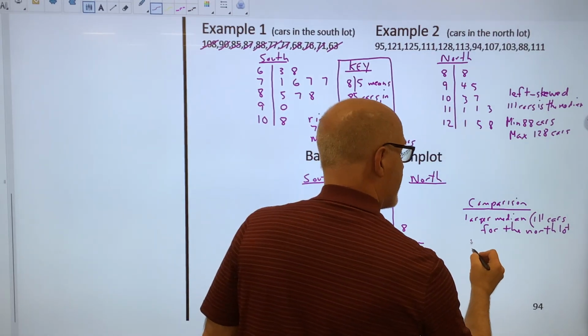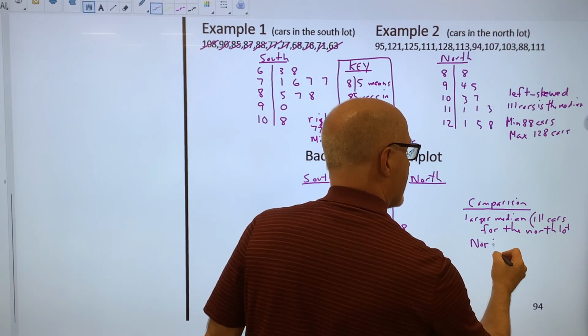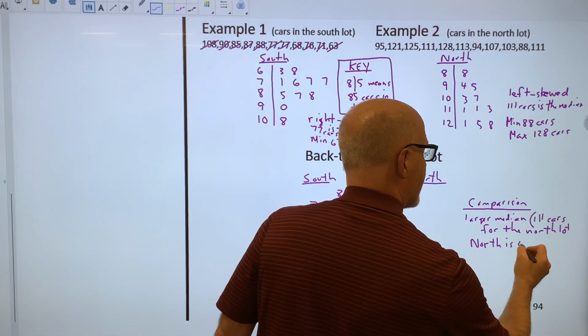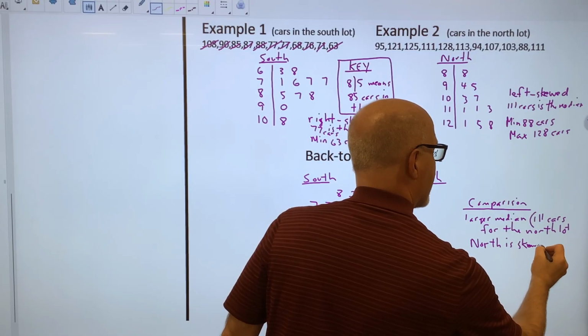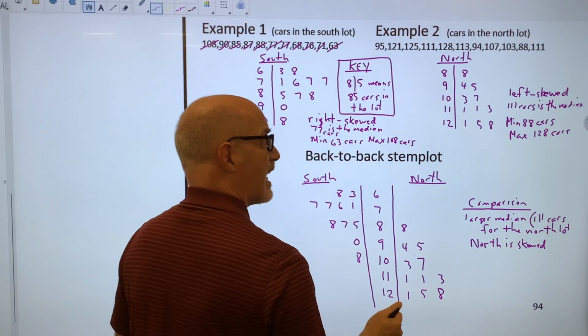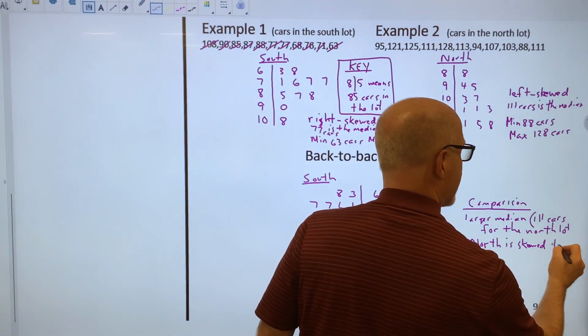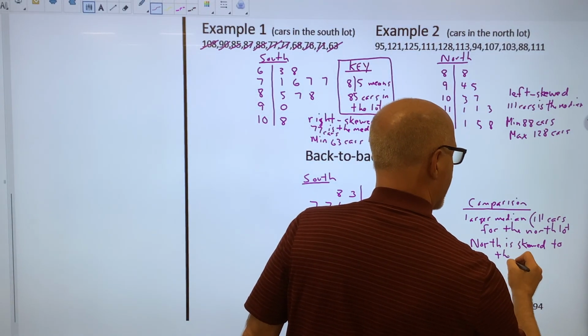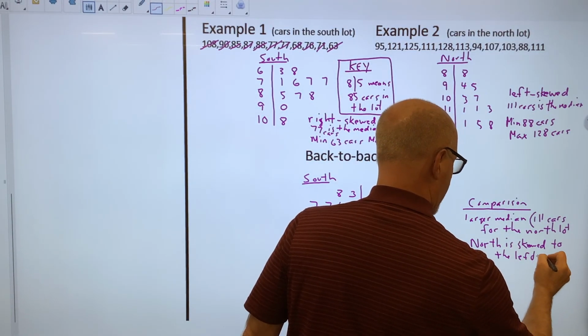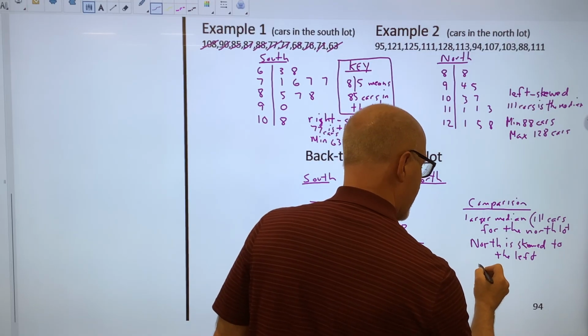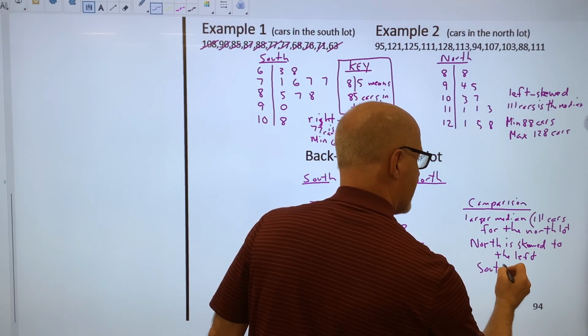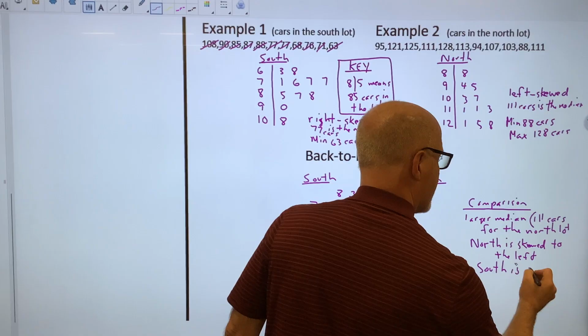And the north is skewed to the left, got a lot more values to the right. The south is skewed to the right.